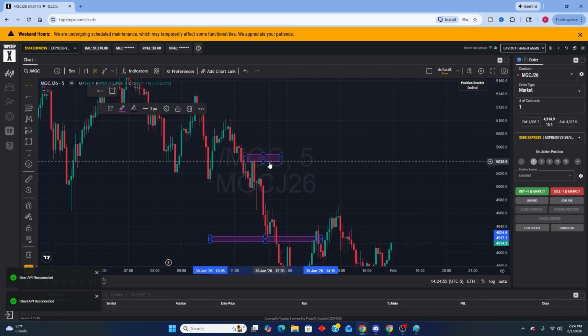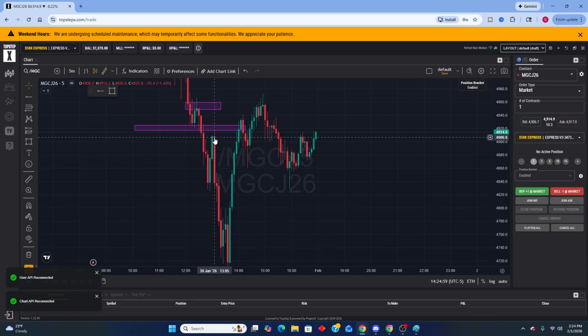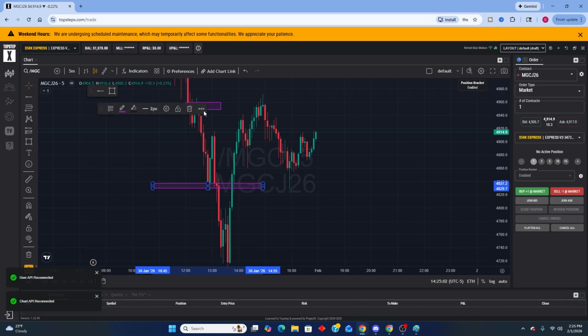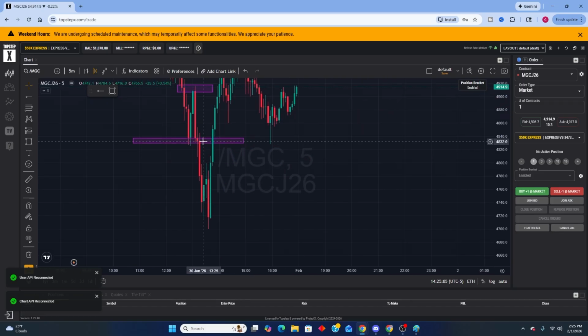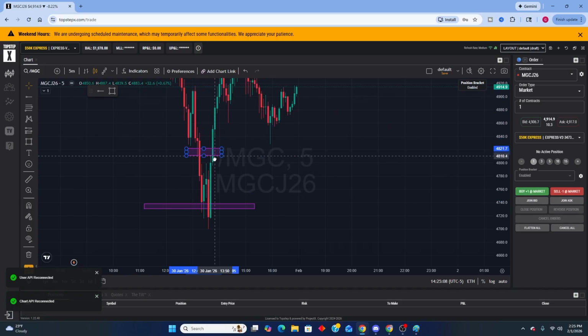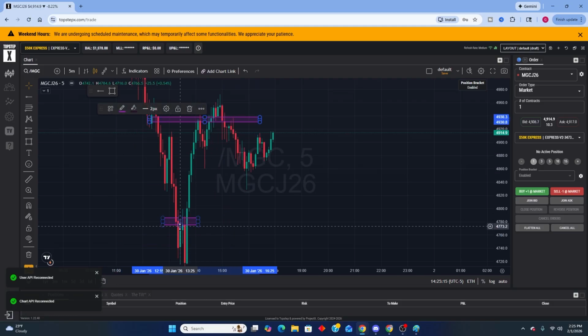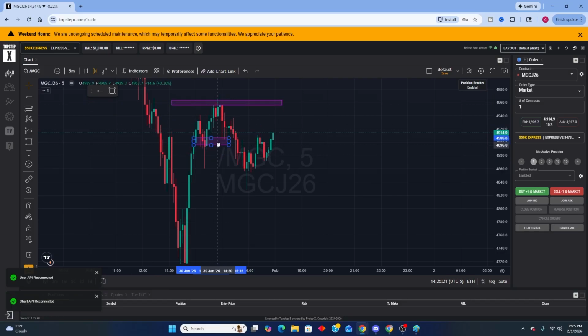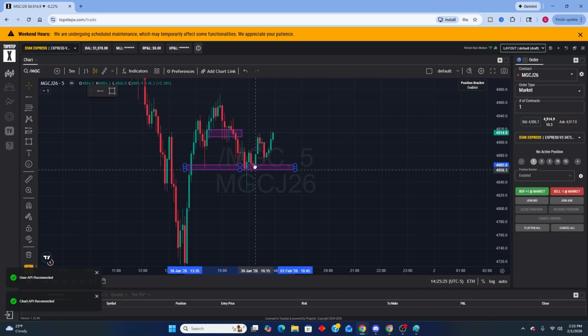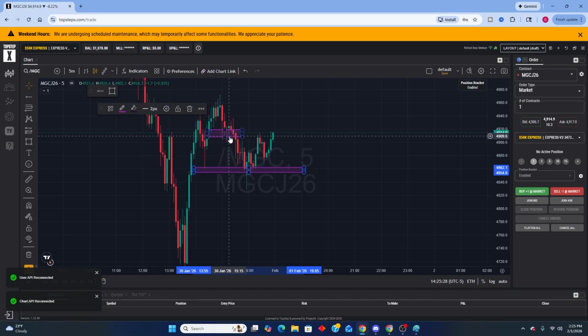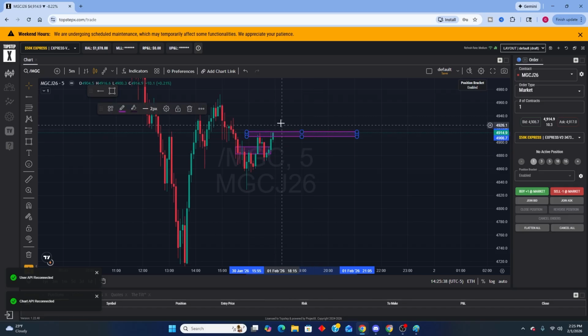Lower low, lower high, lower low, lower high, lower low, lower high, structure broke, higher high, higher low, higher high, higher low, structure broke, lower low, lower high, structure broke, higher high, and it needs to make another higher high so it can then become a higher low.